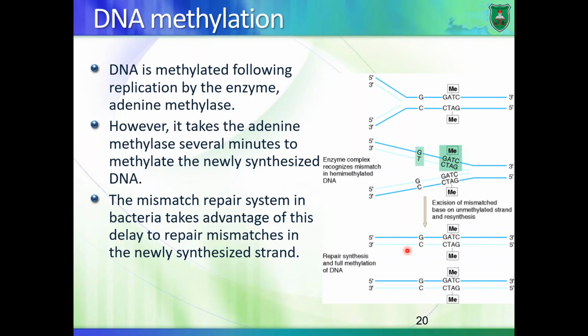Well, when the MutSLH proteins come in and see that there is a mismatch, they know which one is the original one and which one is the newly synthesized one. So the newly synthesized DNA strand is the one that is repaired. And this methylation takes place by an enzyme known as adenine methylase. Okay, adenine methylase. So this is a nice trick.